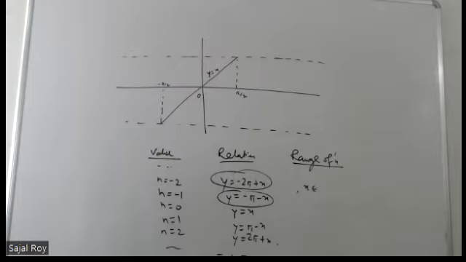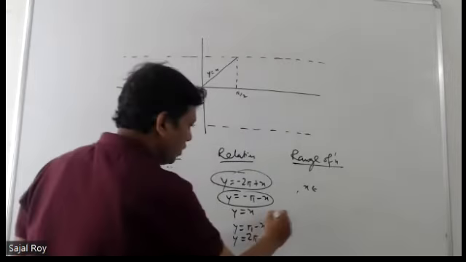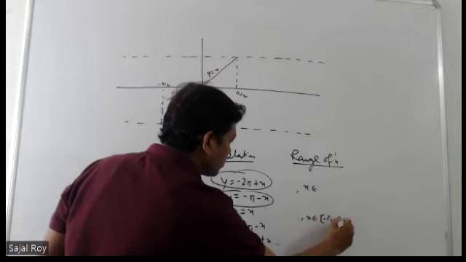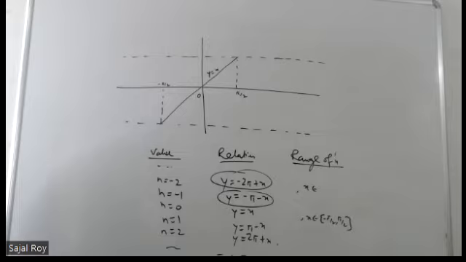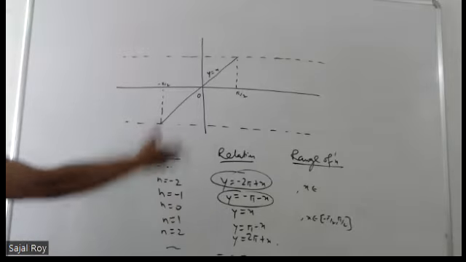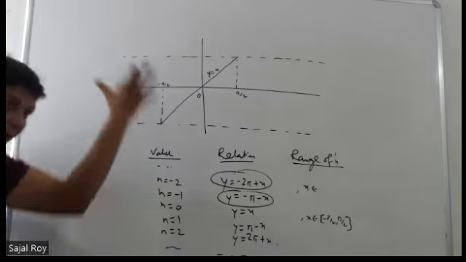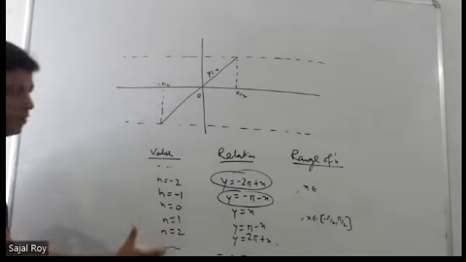When y equal to x, it's between -π/2 to π/2. So you have x belongs to -π/2 to π/2. Clear? It's from the analysis as well as from the graph. Both are going on simultaneously.